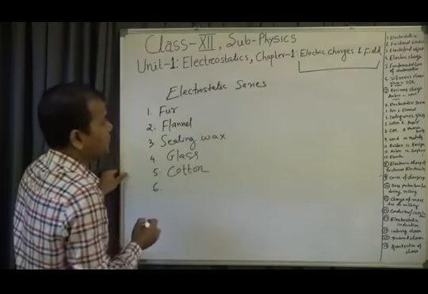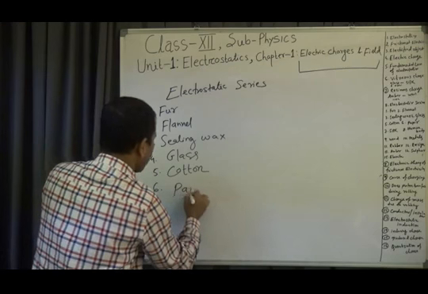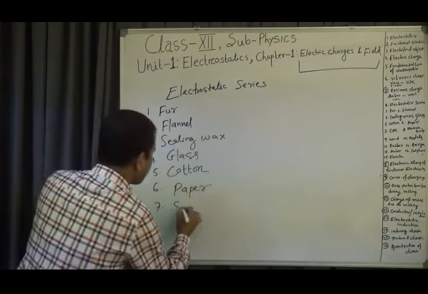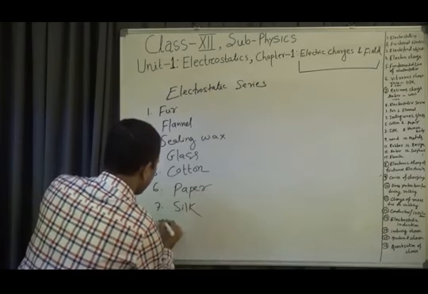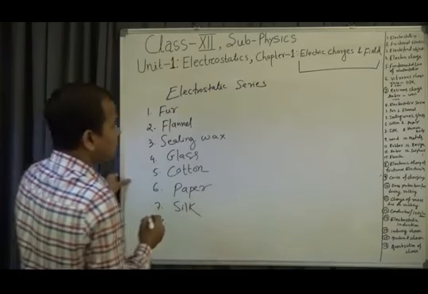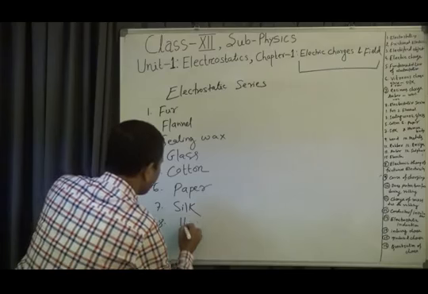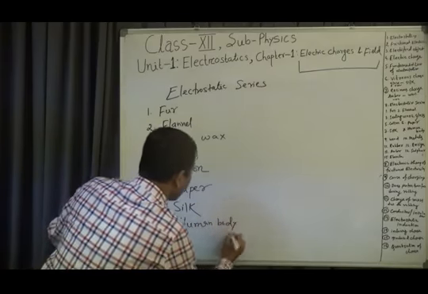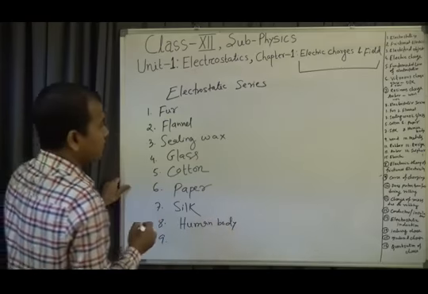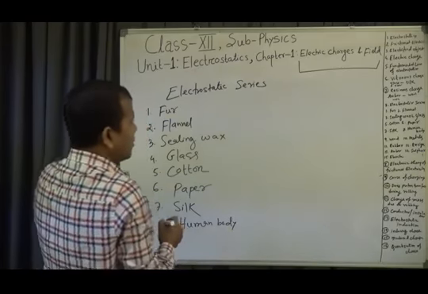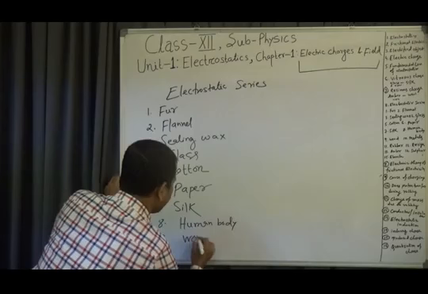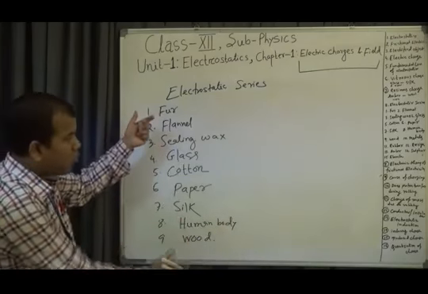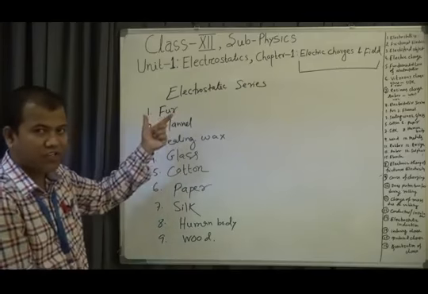Number 6, paper. Number 7, silk. Number 8, human body. Number 9, wood. And so on. More objects are there in the electrostatic series.